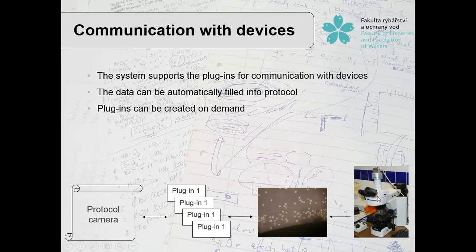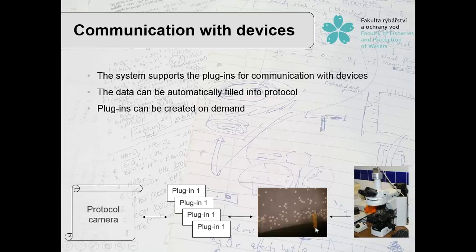So you can imagine that the microscope has the computer which is connected to it, and the computer can provide the simple text file where you can read the information about the magnification of the microscope, about the temperature that was used for cultivation of the cells, what was the camera setting you use for taking the pictures, and so on.